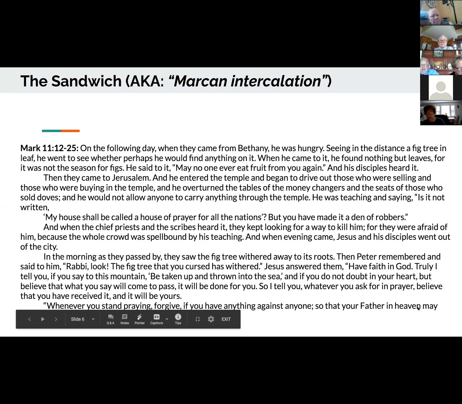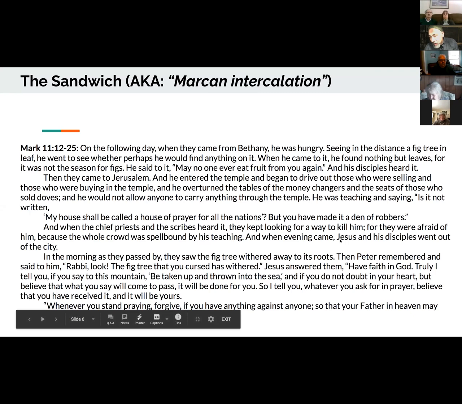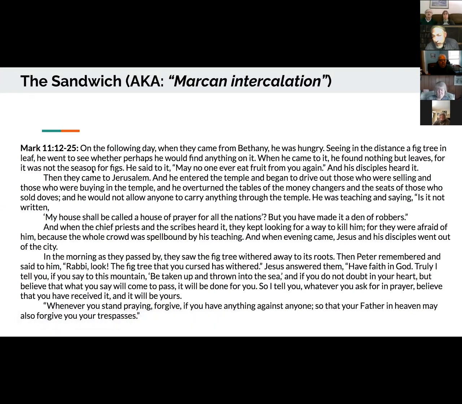The passage that we just read together is at the beginning of this longer passage, up until the end of that first paragraph here. This is the passage about finding the tree that was not in season and cursing the tree.